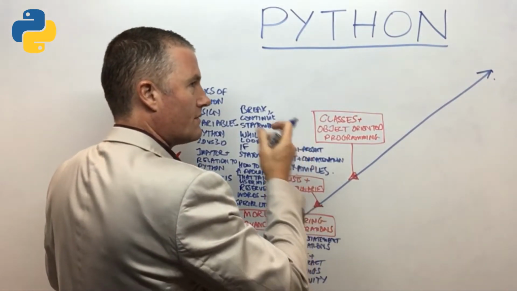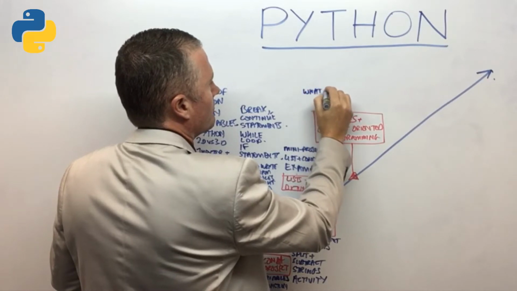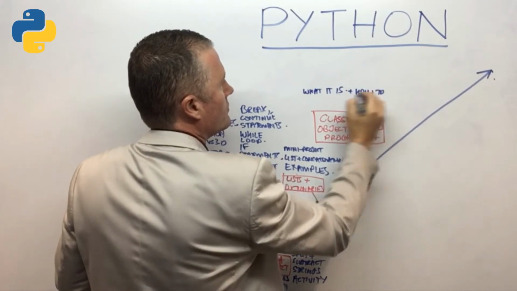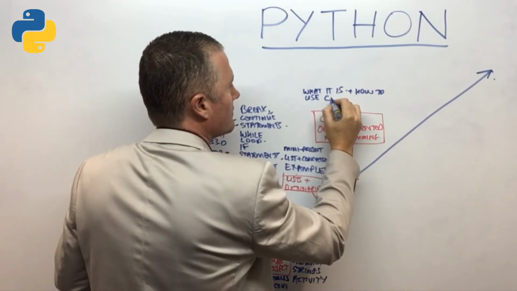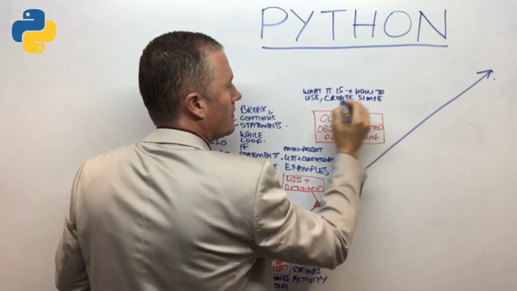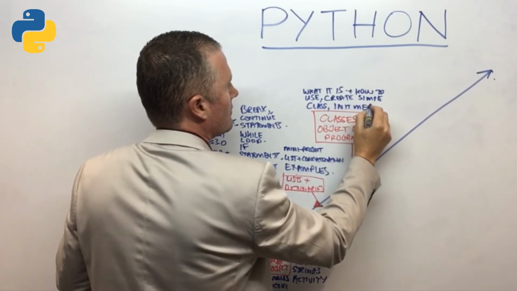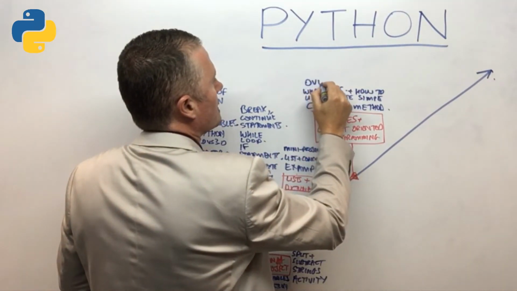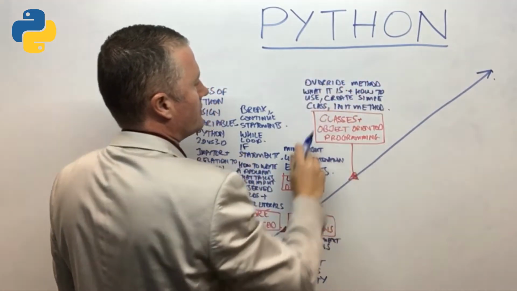We will start with what it is, first of all, why it's all important, and then how to use and create a simple class and init method. Right. We'll look at the override method. I'm just touching on a couple of the key concepts here.